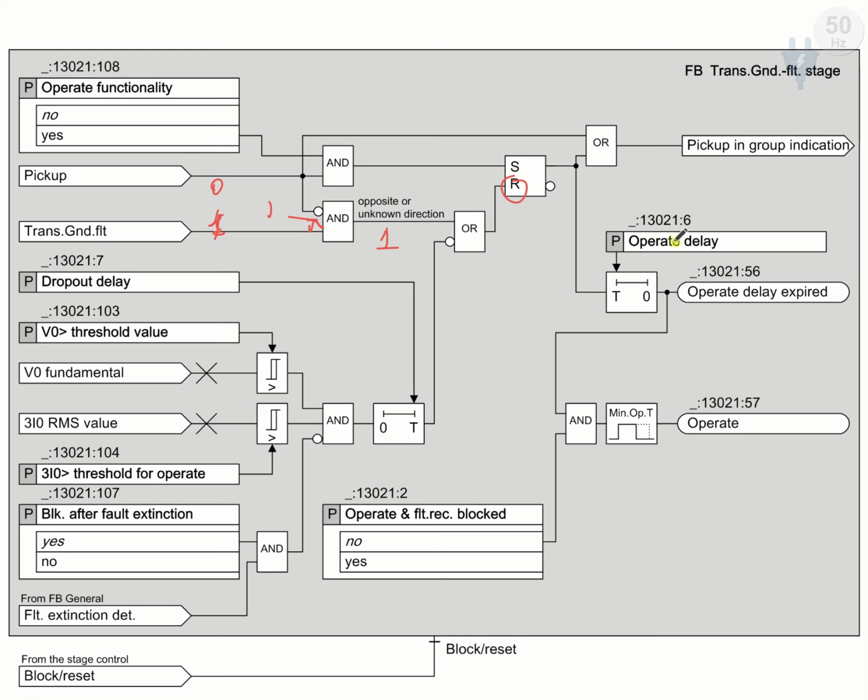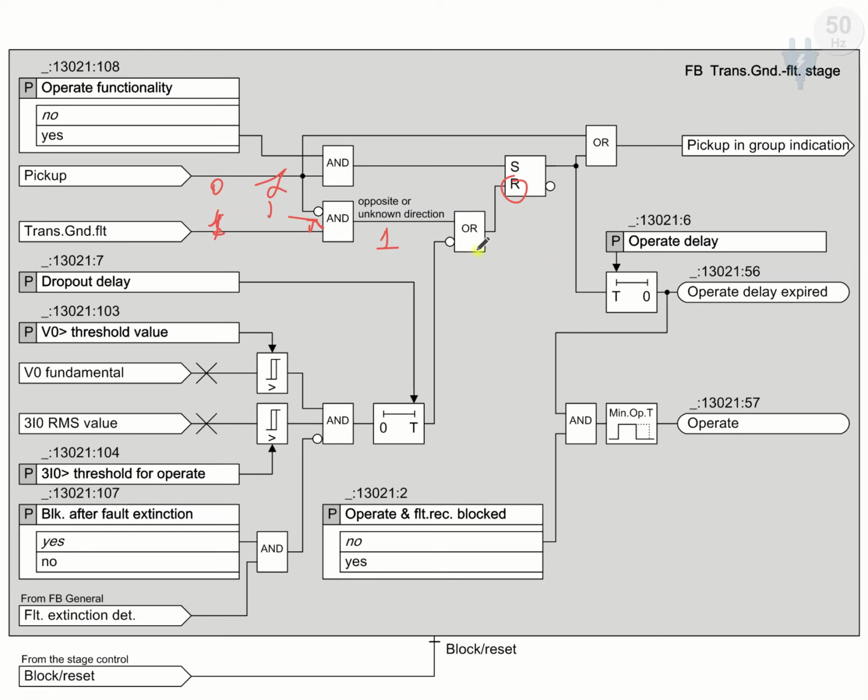It means it will not operate. And of course, if we have a pickup, this signal is 1 and the inverted part is 0, so 0 and 1, this one is 1, because definitely we will have the transient ground fault detected, and the direction is also detected, so this one is 1 and 1, but the inversion part becomes 0, and it will not start to reset.